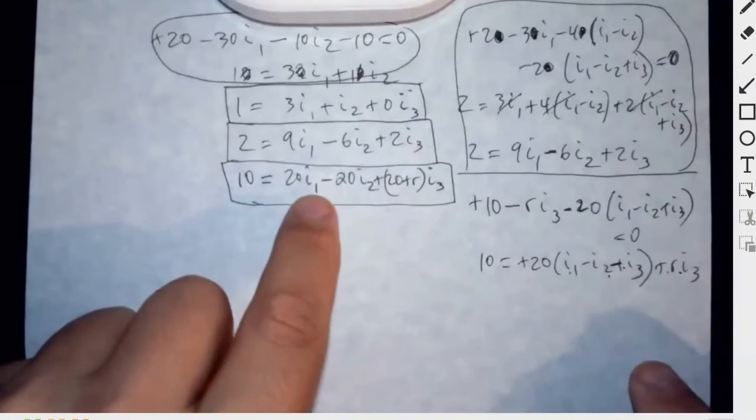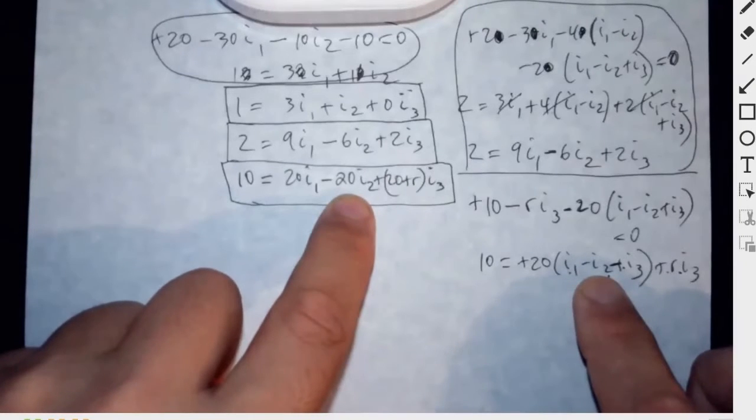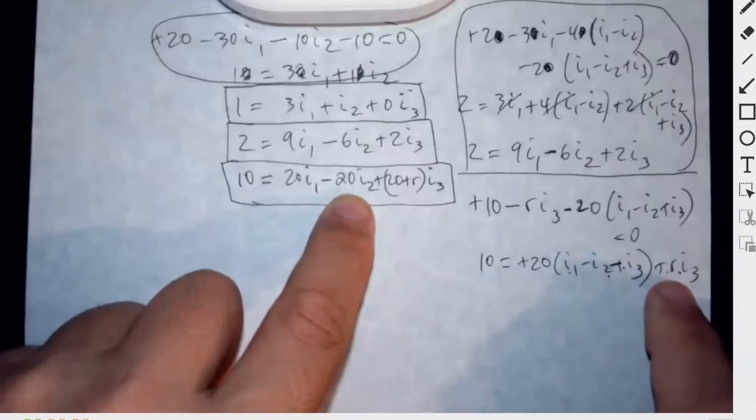Right, 20 I1, negative 20 I2, (20 plus R) I3.